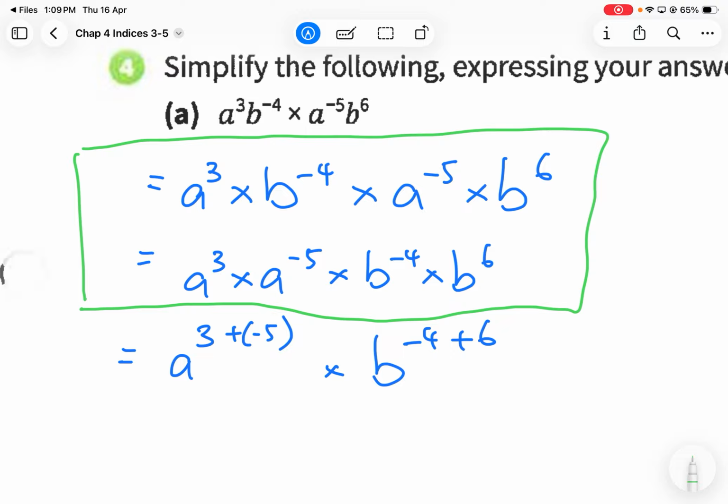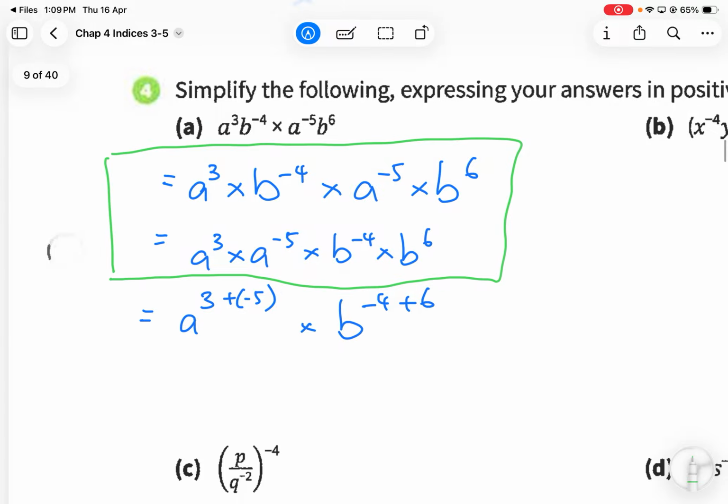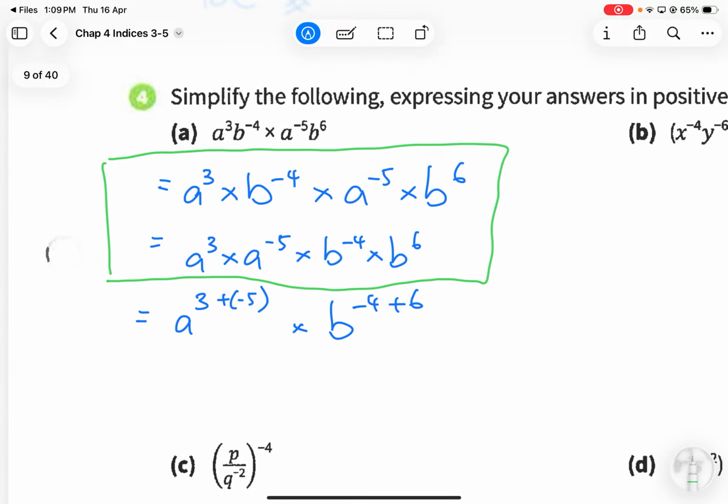So in actual fact, I will straight away look at here and group my a with my a: power 3, power negative 5, add them together. b and b group together: minus 4 plus 6. Okay? So the green color one you don't need to show.